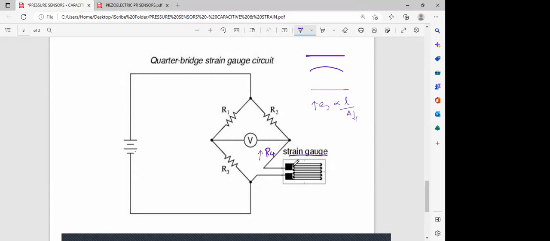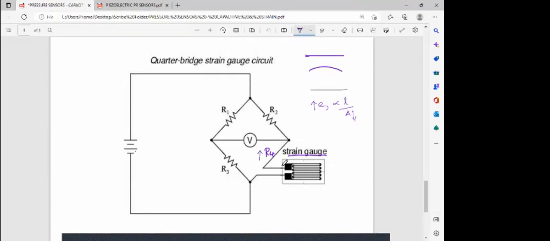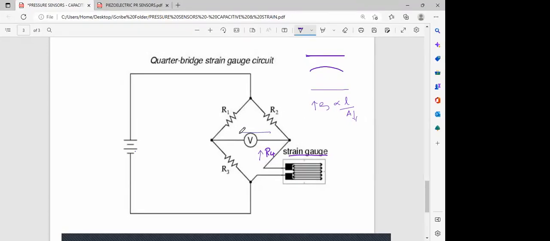When R4 value is increasing, your Wheatstone bridge that was balanced has become imbalanced, and you will have a current flow going through the middle. Okay, so this is going to be calibrated and sent to that particular main unit on the bridge as to what is the pressure that is acting on this particular stainless steel rod.